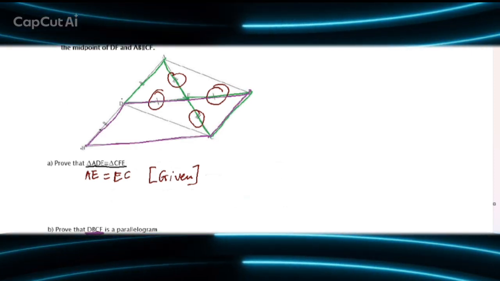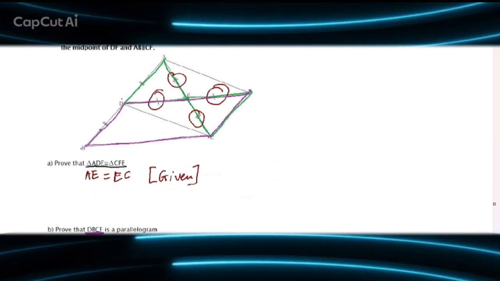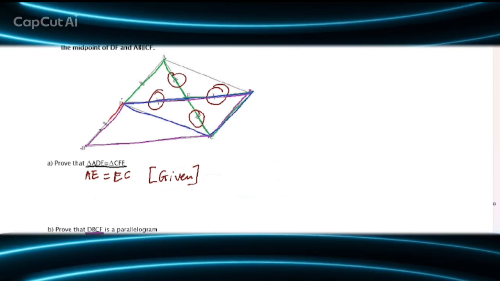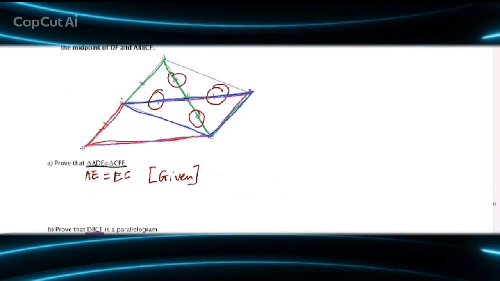So by looking at this, proving this, we are going to use congruency. We are going to consider this triangle here, and this triangle here, and also this triangle here. I'm going to start with the one in red.